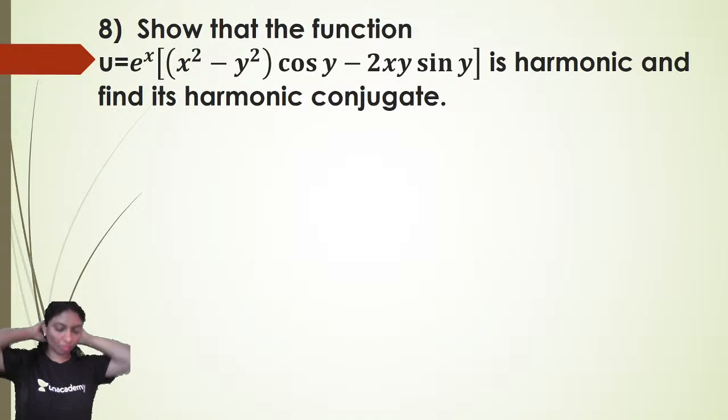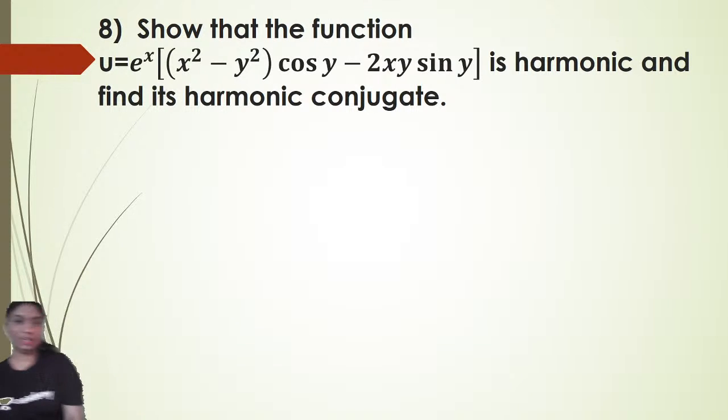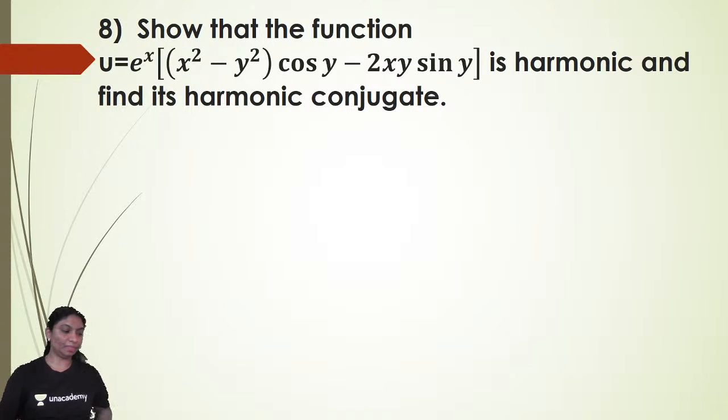So we'll see how to find out the harmonic and its harmonic conjugate. Exactly in a similar way, just for practice you can find out here v. So u is given, you can find out v. So u is equal to e raised to x into x square minus y square cos y minus 2xy sin y is harmonic and its harmonic conjugate is.